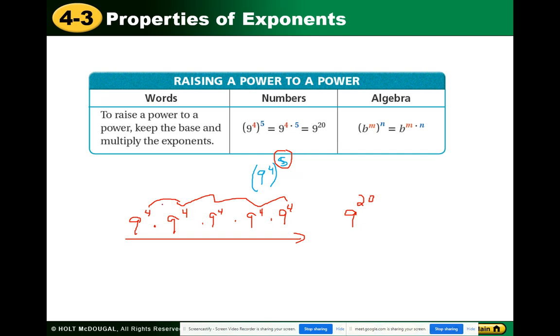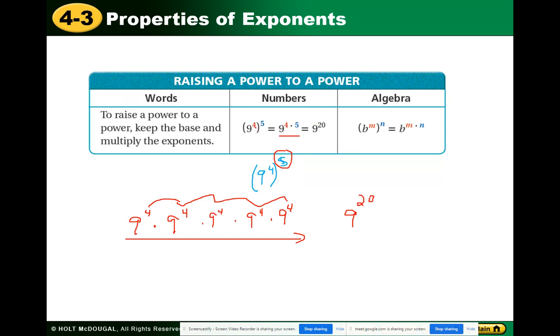So adding 4 5 times, isn't that kind of the same as, look up here, what did they do in the second step up here, guys? So I could either write this out 9 to the 4th 5 times and then add them all, or, isn't 4 times 5 20? So good job.